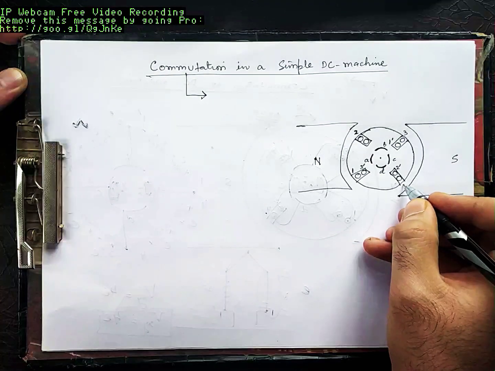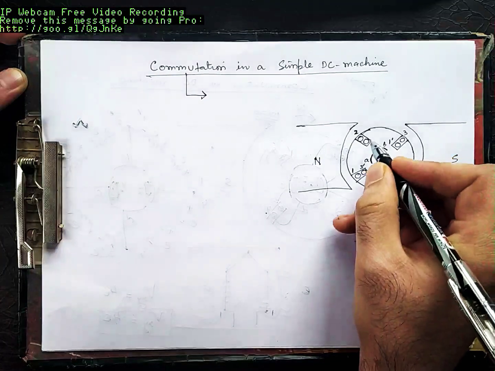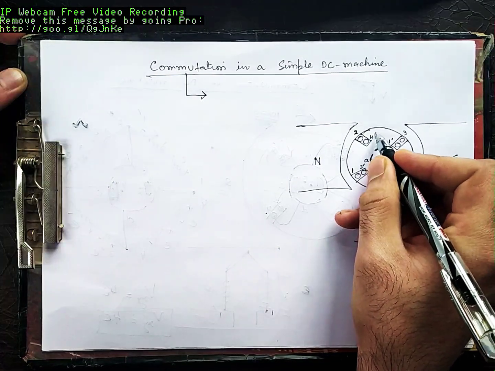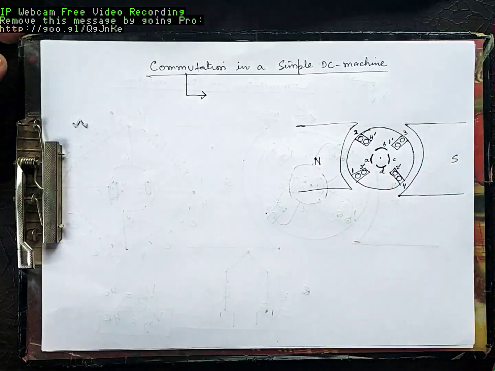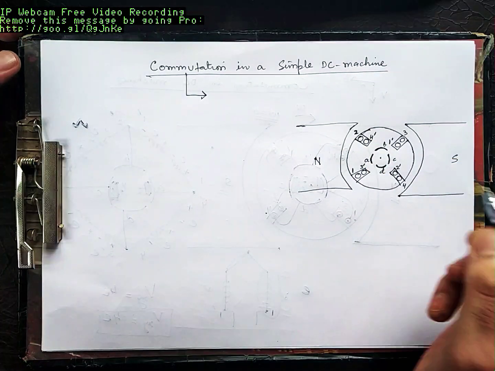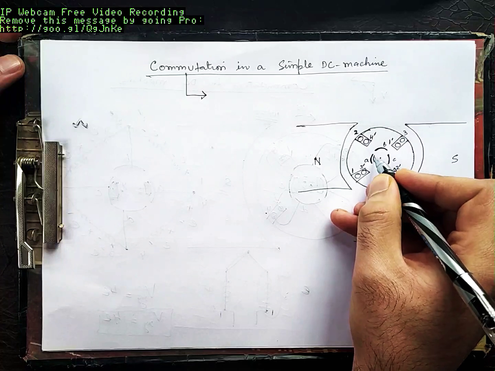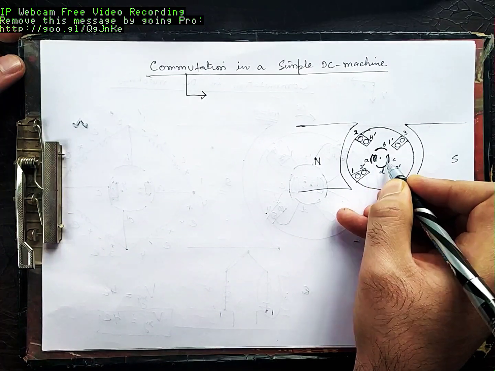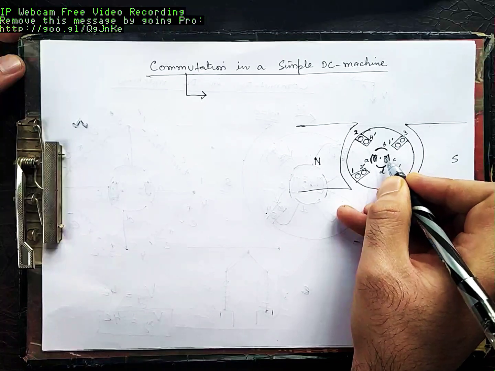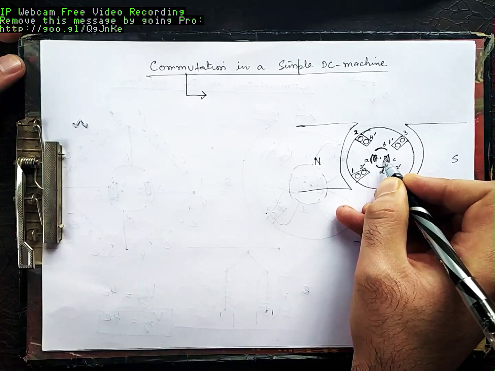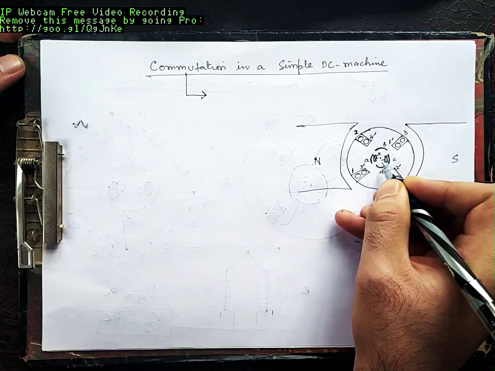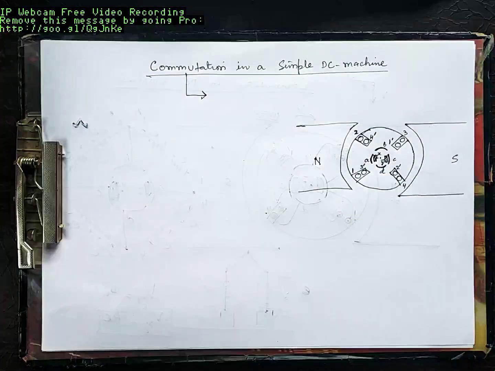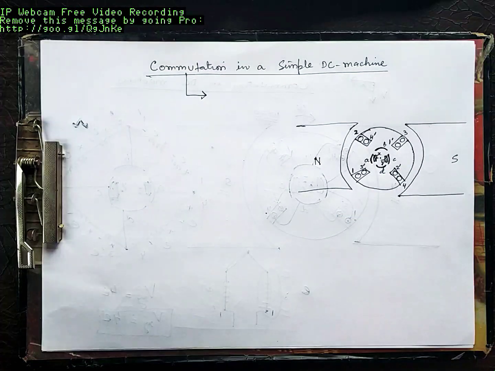If this is 4, then this is 4 prime. These are the 2 brushes, brush X and brush Y.